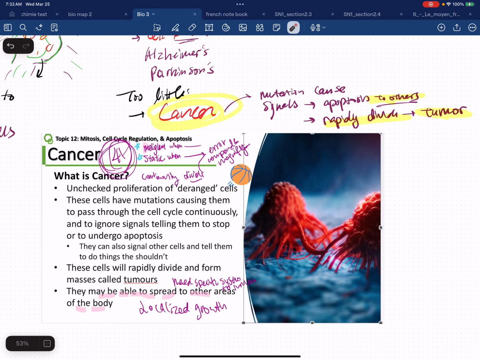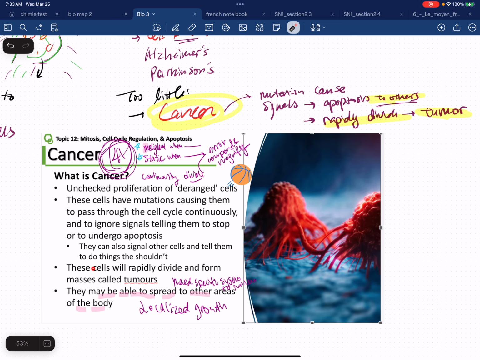So what is cancer? It is an unchecked proliferation of damaged, mutated cells that go through a continuous cell cycle and ignore cell signals to stop them. They will not go through apoptosis. They can also give signals to other cells to do things that they're not supposed to.